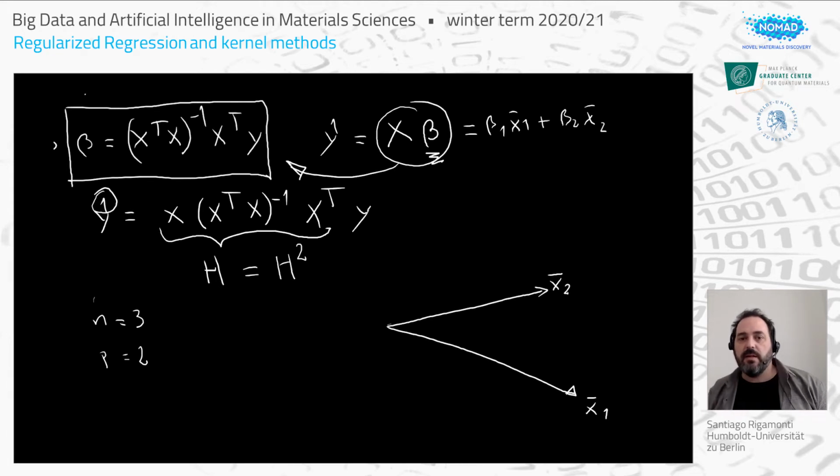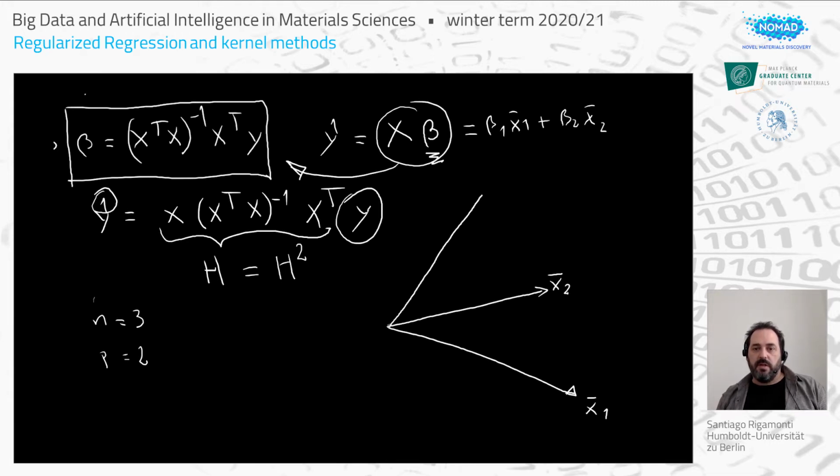This means that our predictions live in this subspace spanned by the vectors corresponding to the columns of the input matrix. However, our output data y is just a general vector with 3 dimensions, because we are in n equal to 3. However, our predictions will live there.